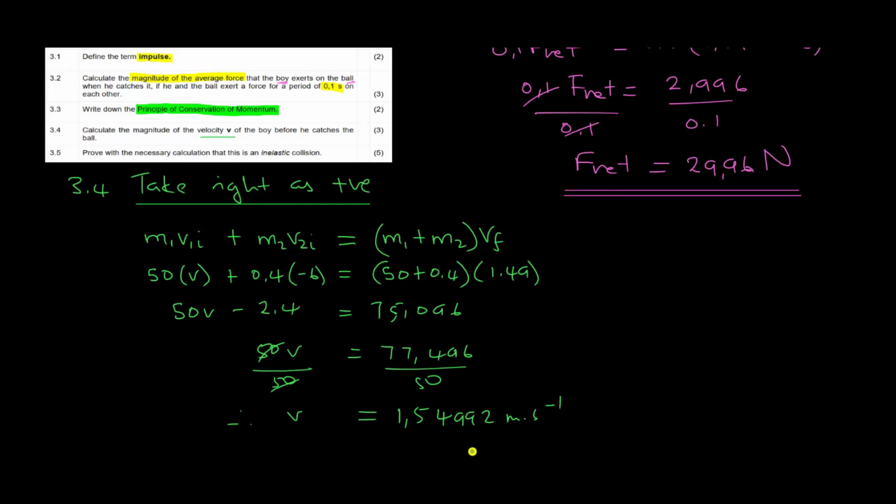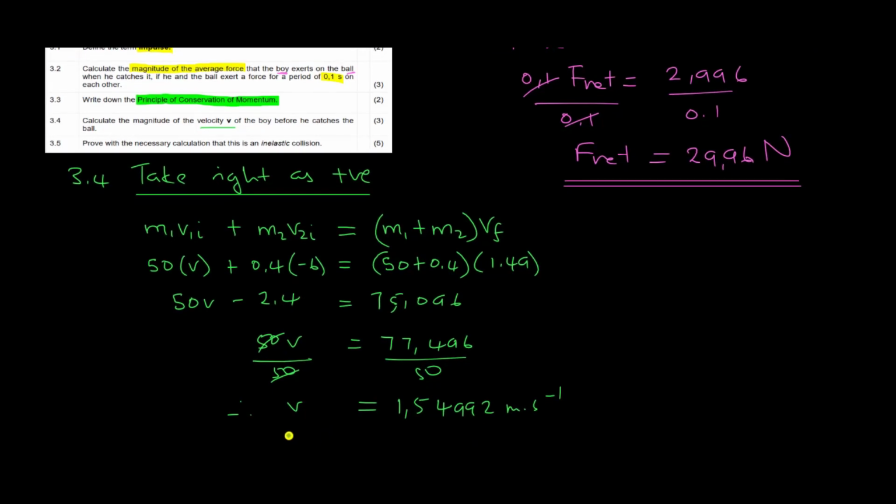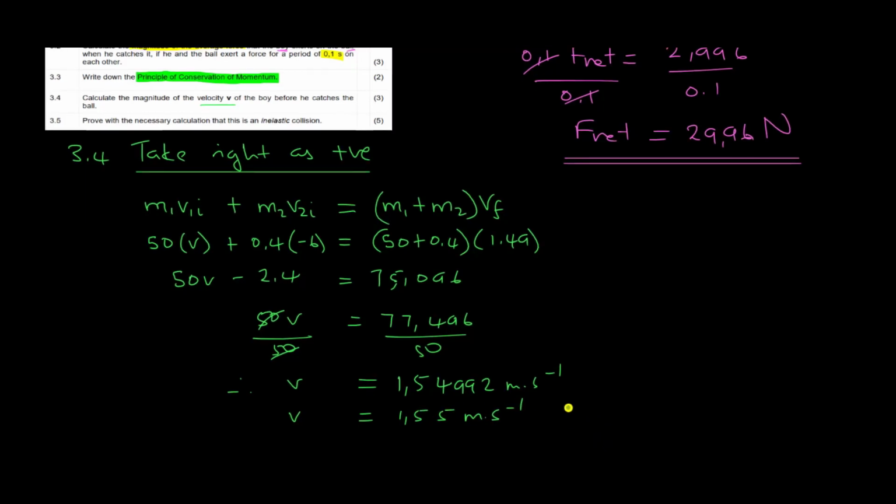So that's to the right, which is equal to 1.55 meters per second to 2 decimal places. So there I have the initial velocity of the boy.